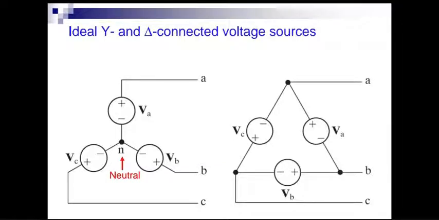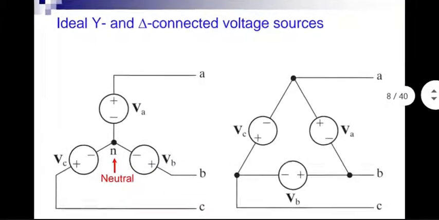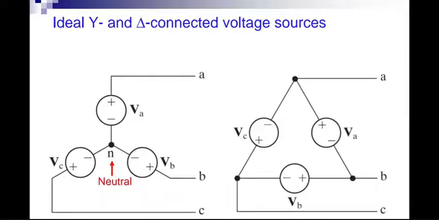And they, as we have already seen, can be connected either in Y or star form or in delta form. In Y configuration, an extra wire called neutral wire can also come out. In delta configuration, it's not possible.